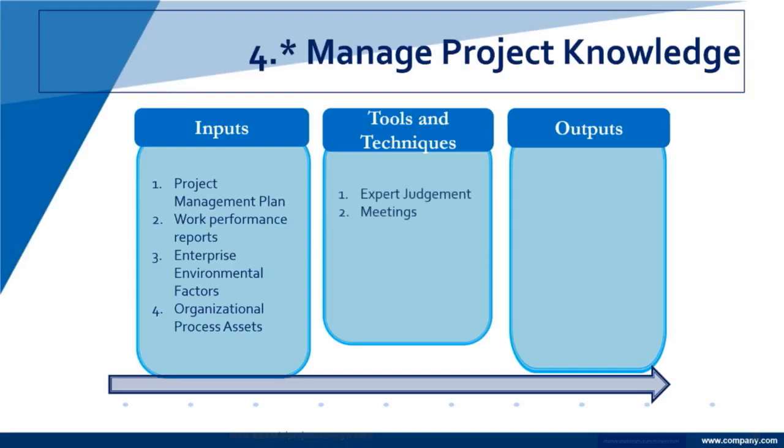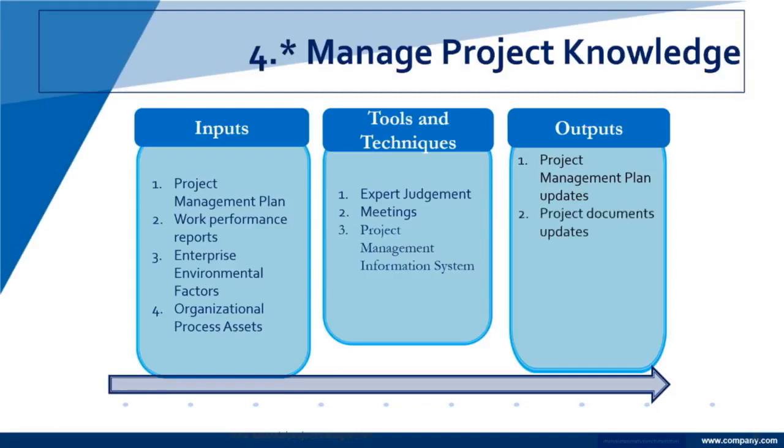We use our expert judgment, meetings, project management information system, and we get other updates of the project management plan, any project document updates. And so it's a very straightforward new piece. As we learn more, as we find out more, that will be woven into all the different methodologies and things. But that's one of the newer processes that we're looking at today.